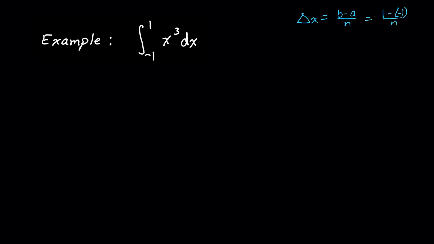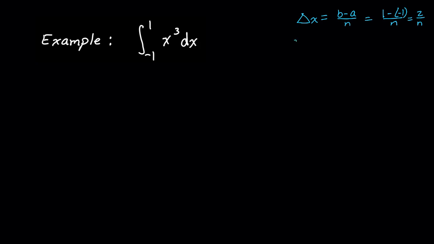And we do not know how many rectangles we're making. Actually, when we write out the limit definition, it's going to be the limit as n approaches infinity, which means we're going to leave n in the notation. All right, so this comes out to be 2 over n.